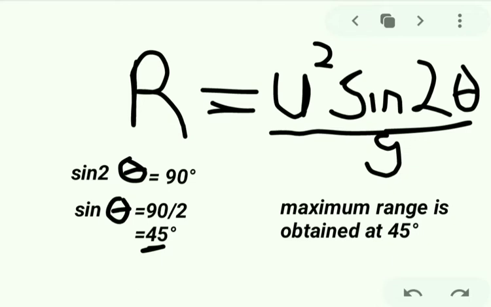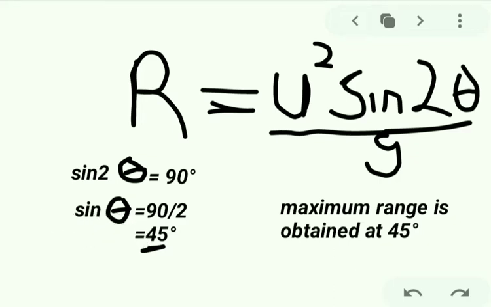Now sine 2 theta is equals to 90 degree. Sine theta is maximum at 90 degree. Making theta the subject of the formula, we find out that the maximum range is obtained at 45 degree.